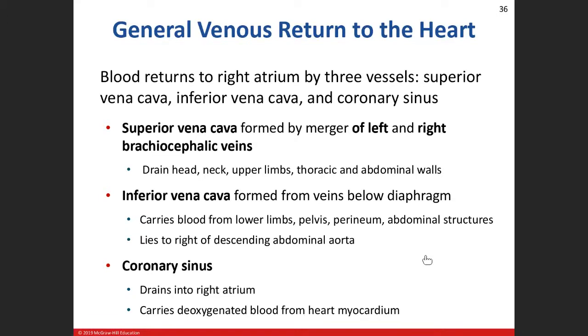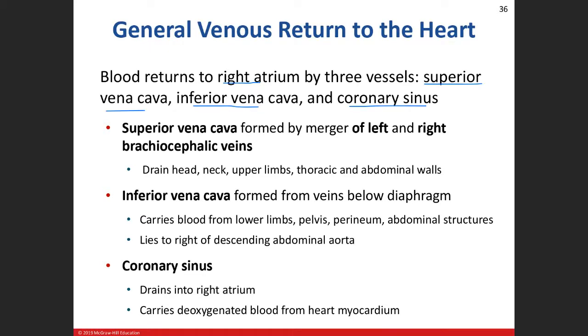We have that coronary sinus, that sac-like structure that sits around the base of the heart. That is going to be the venous return blood flow for the heart. So those are the three structures that are going to drain into our right atrium: superior vena cava, inferior vena cava, coronary sinus.